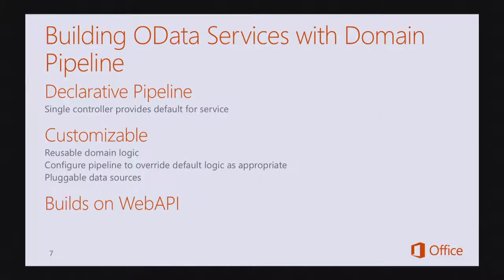Okay. So without announcing any new products, I should turn off the camera. Imagine there was a way that rather than having to write the code for those individual controllers for the individual entity sets, or even have them generated, which is fairly static and means that if your model changes, you have to go back and regenerate those classes, you had more of a declarative way to build your OData service.